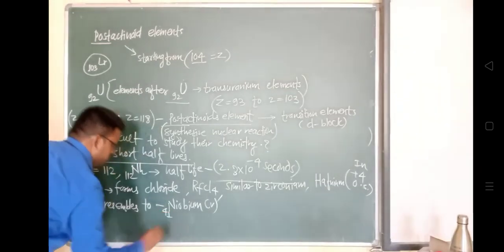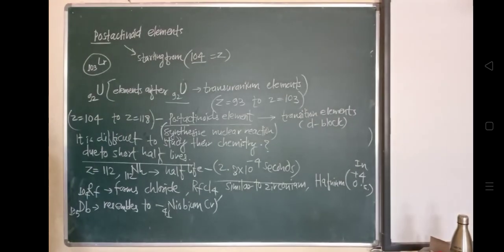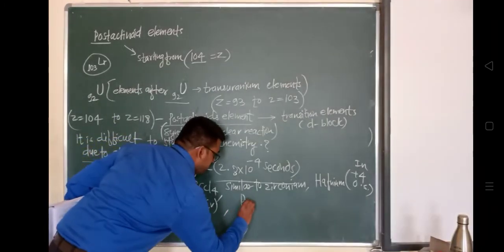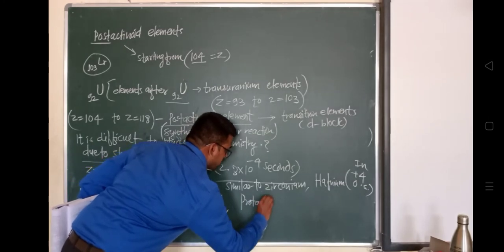Post-actinoid elements have atomic numbers from 104 to 118. These elements are present at the bottom of the d-block transition elements, as you can see. It is very difficult to study their chemistry as they have very short half-lives.